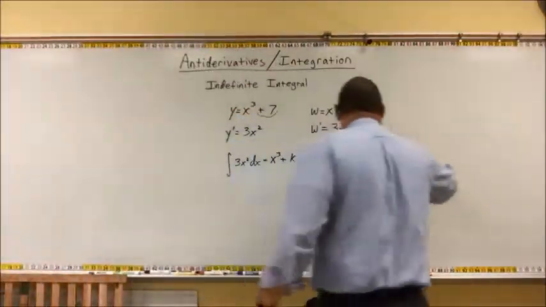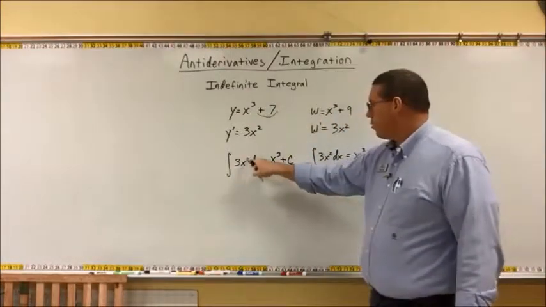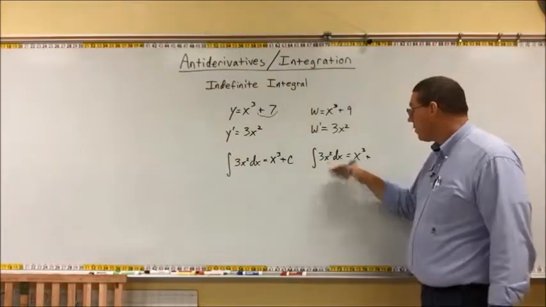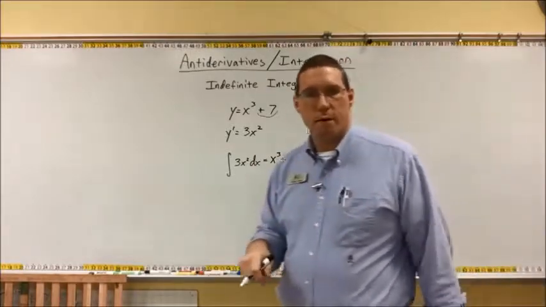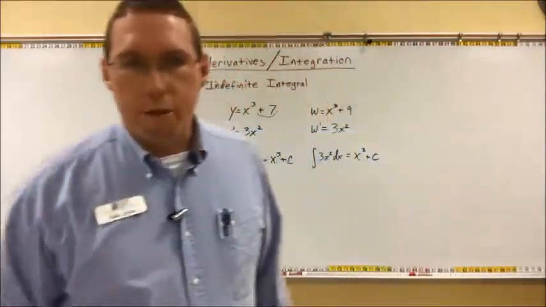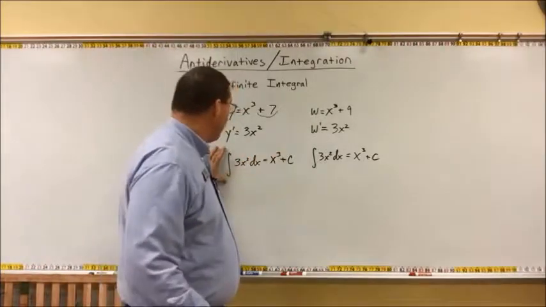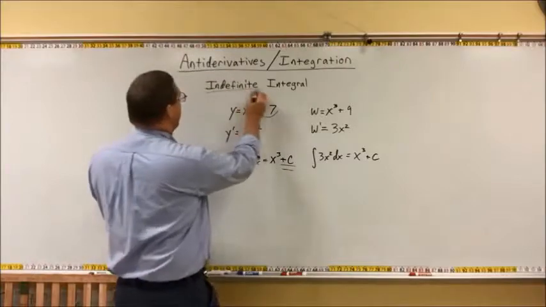So, the antiderivative of 3x squared with respect to x is x cubed plus c. And this is the exact same problem, so the answer is the exact same, x cubed plus c. So now that we've got some introductory stuff, you understand that when you do any indefinite integral, this plus c is what makes it indefinite.